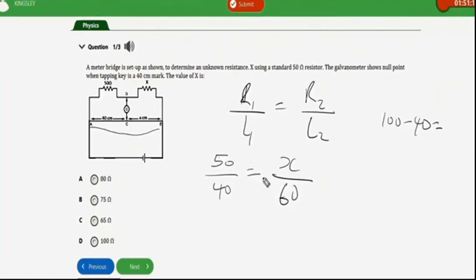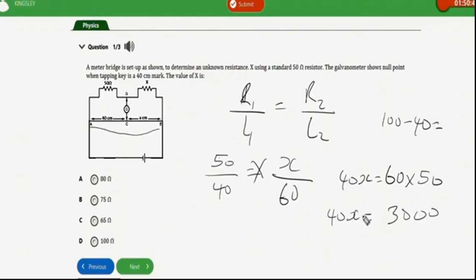At this point, let's cross multiply. We're going to have 40x equals 60 times 50. So you're going to have 40x equals, when you multiply 60 by 50, 6 times 5, you're going to have 3000.